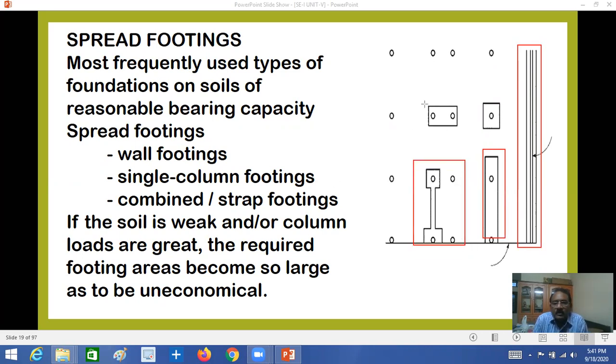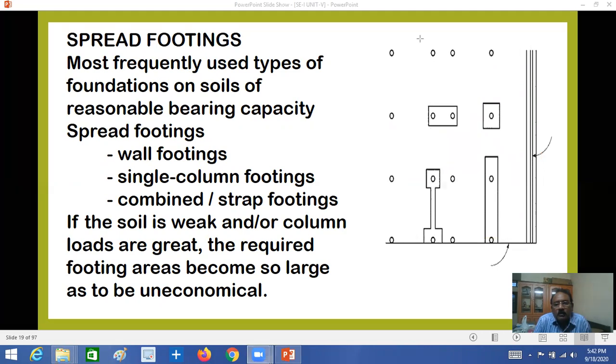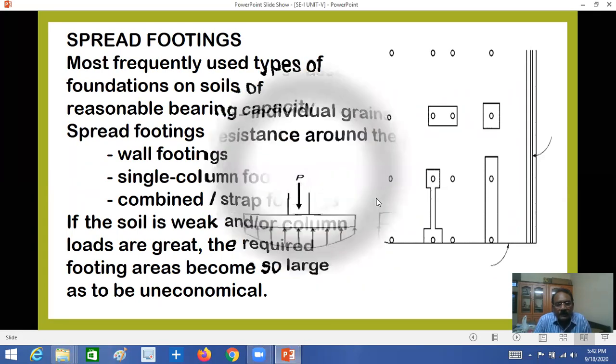This is combined footing for weak soil. It becomes uneconomical, but whenever the soil is medium, or not taking loads well, when bearing capacity is very low, we go for spread footing. This is one type of footing.